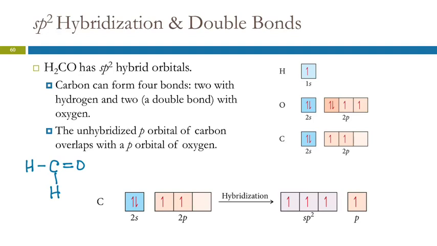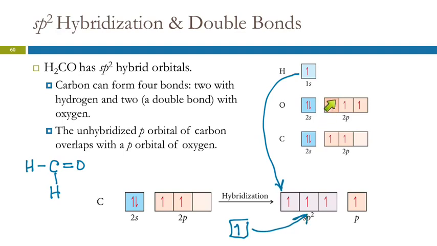So single bonds will form as the hydrogen overlaps with the carbon. And there's 2 hydrogens. They didn't draw the other one, so that's going to overlap with one of those. And then the oxygen has 2 half-filled orbitals.